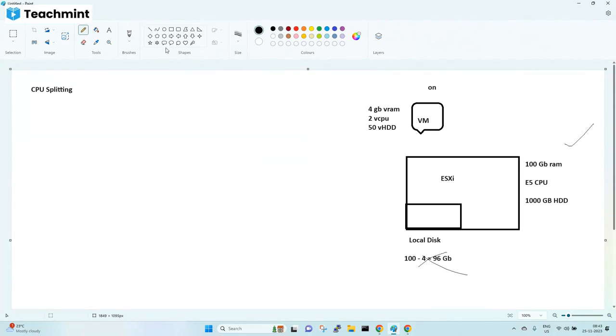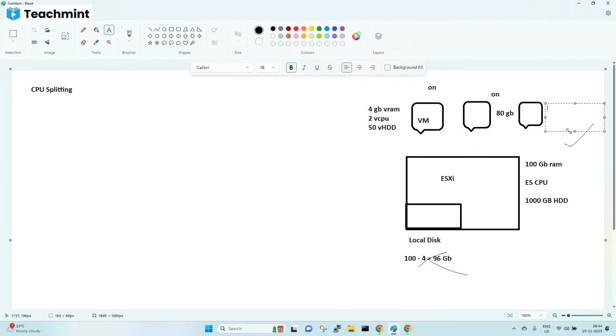You can create one more VM. Okay. So all together on powered on virtual machines, only you need to count the usage. You can give maybe 80 GB RAM here, 4 GB RAM here. Another machine, some 20 GB RAM also, let's say 18 GB RAM.